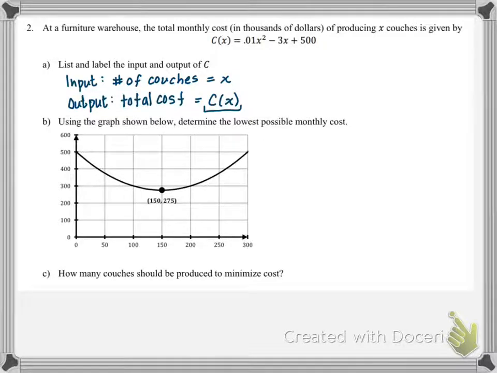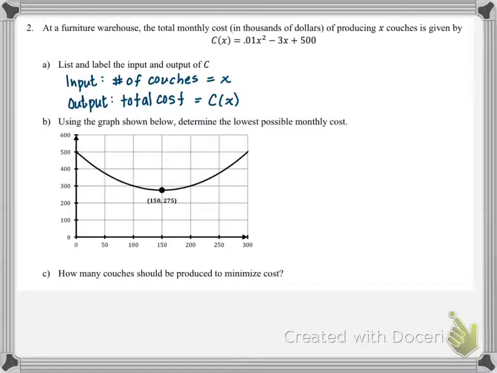It's just the name of the function. C of X tells you the cost related to X couches. So again, we express both the input and output in terms of words and in terms of algebraic symbols. That way we can go back and use that information later on. Anytime you find an X value, you know what it means. Anytime you find C of X, you know what it means.